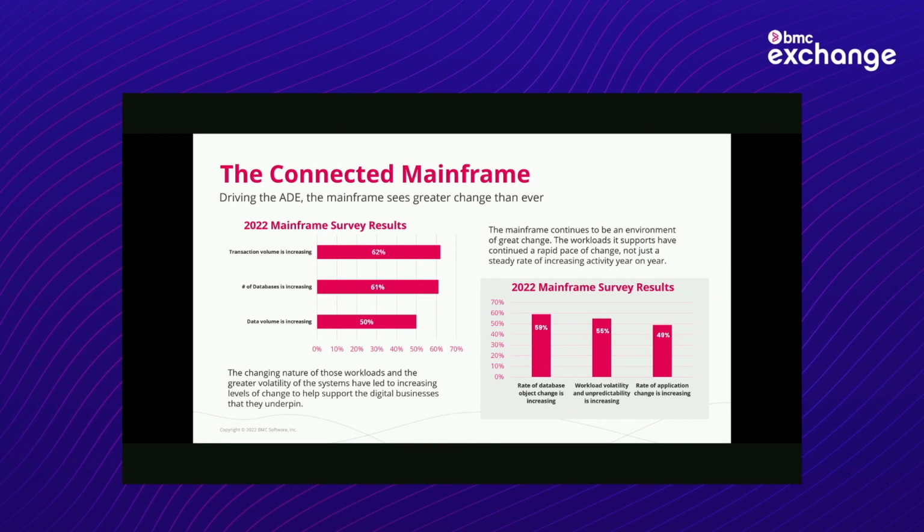But the mainframe really is key and central to the AIOps capabilities across the piece. The mainframe is really central to the modern delivery of applications. It's moved on from maybe 20 or 30 years ago where the mainframe delivered all applications as one thing.